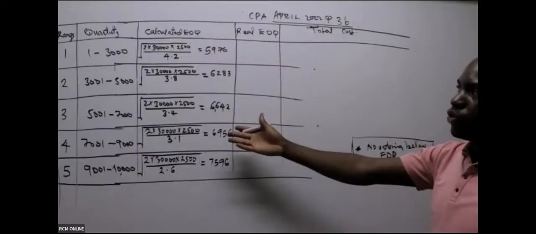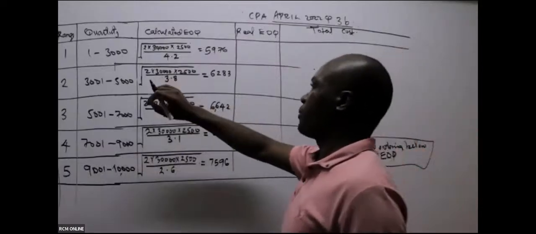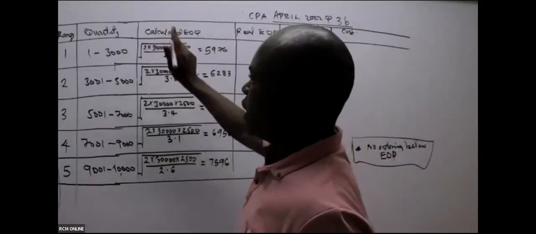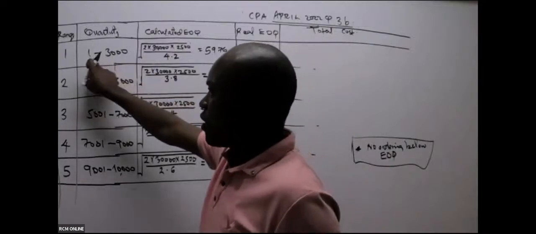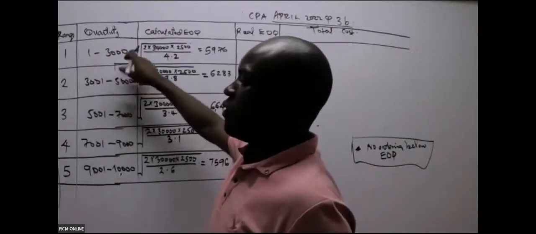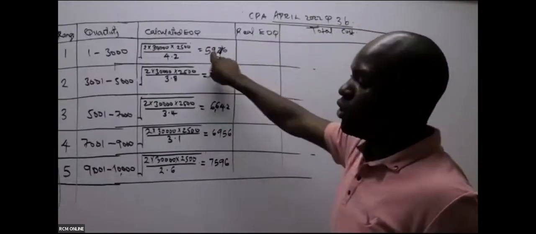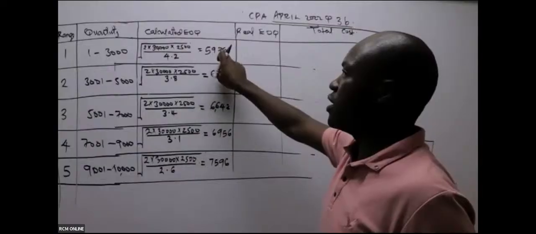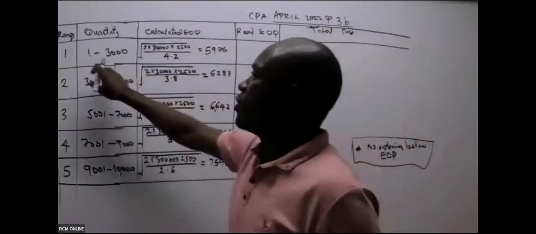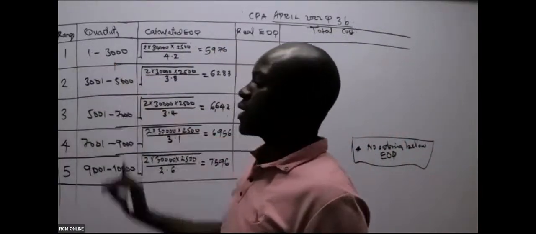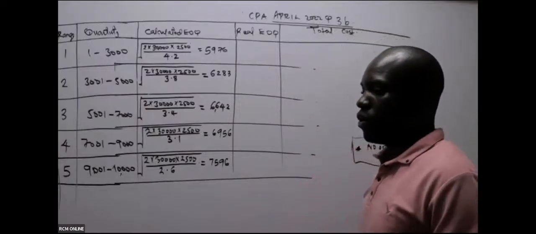So let's come back to this table here. For you to enjoy a discount, you must purchase a minimum of 1, a maximum of 3,000. Then this rule comes and restricts it, telling you that you cannot order anything below this. Now my question is, if you are to order goods within range 1, will you get any discount?